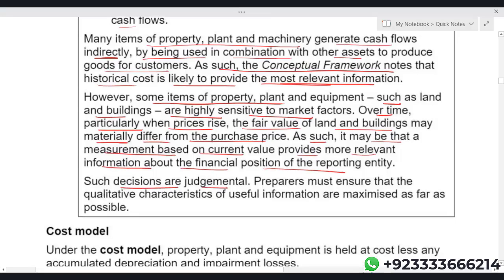Such decisions are judgmental. The preparer must ensure that the qualitative characteristics of useful information are maximized as far as possible. So if you are the preparer of the financial statements, it is your duty to provide more relevant information to the user of financial statements.